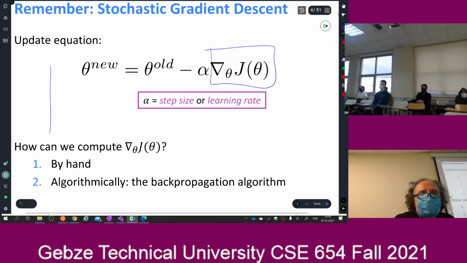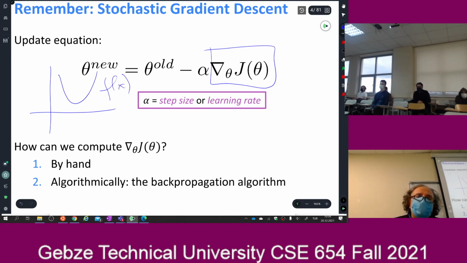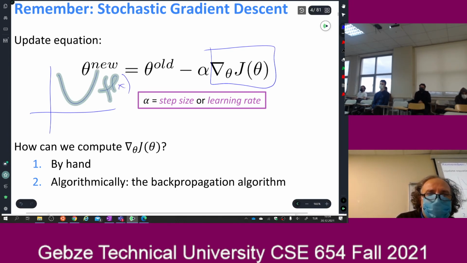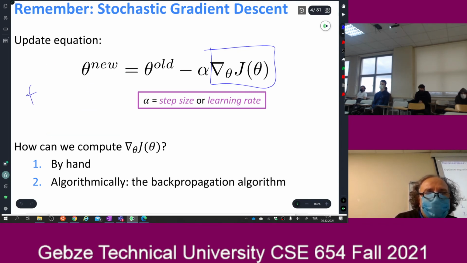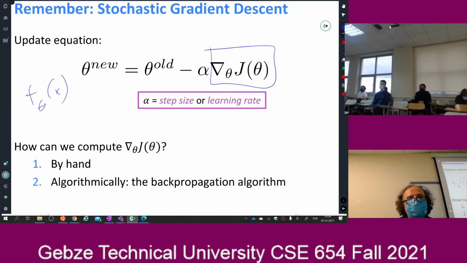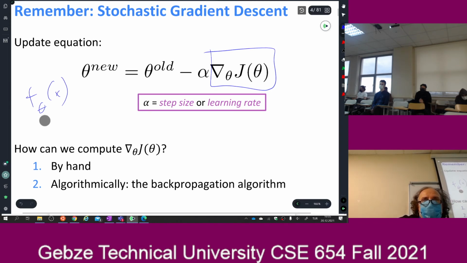Maybe it was my fault when I said this is f of x. X here is not the unknown. It's better to say it's f of theta, x. X is known, but thetas are not known. So we are trying to find the parameters of a function, but these are kind of meta parameters.